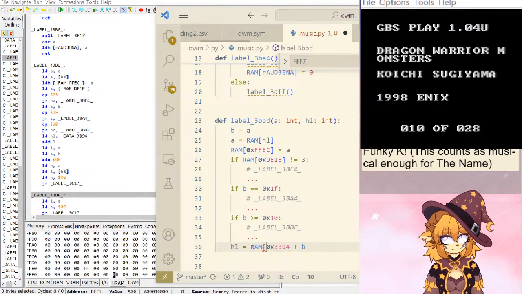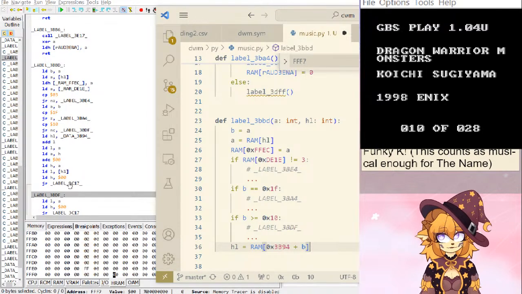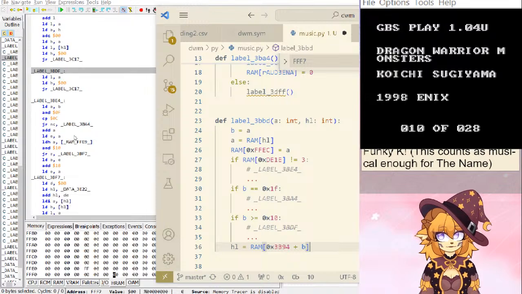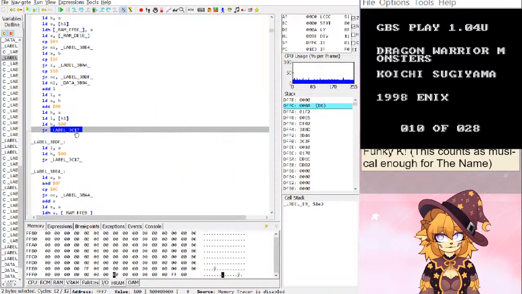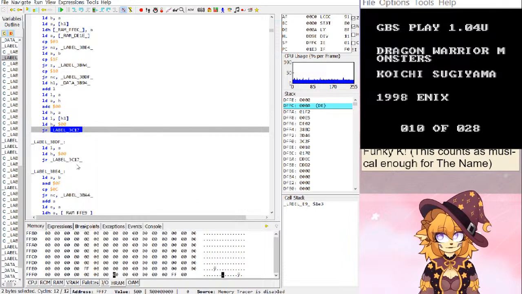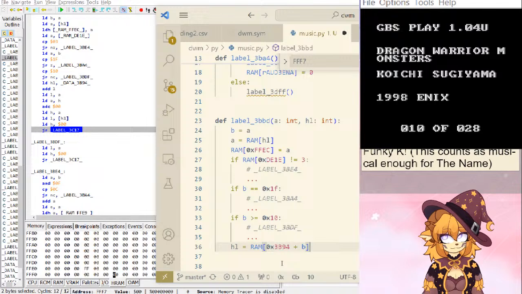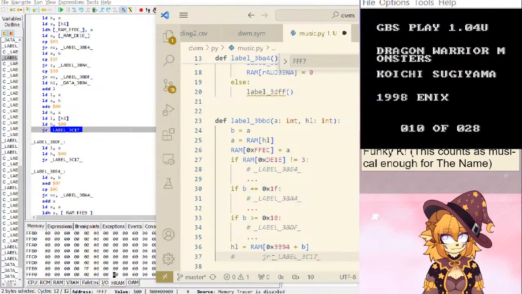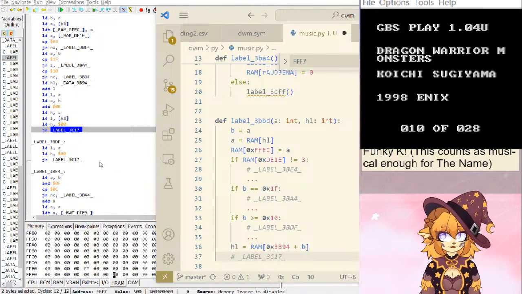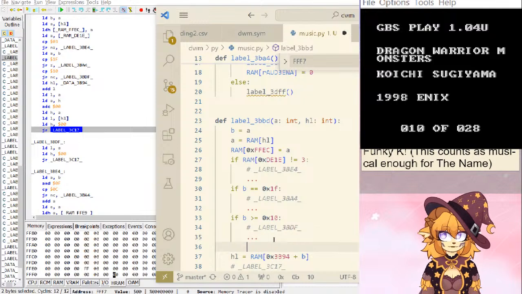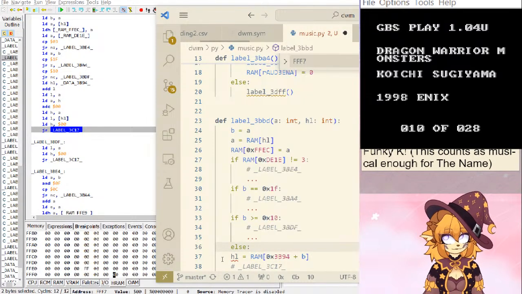Say HL is just that. So if that is there and the 3BDF also jumps there, we can make this HL assignment an else case from here.